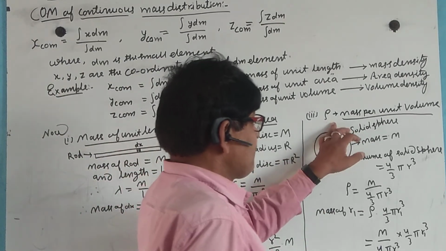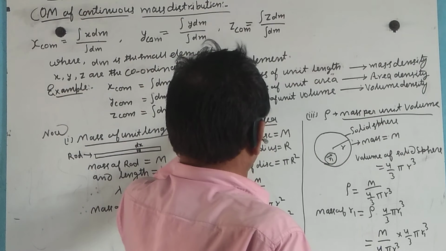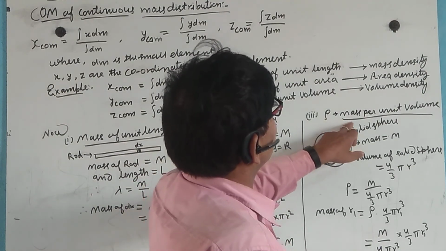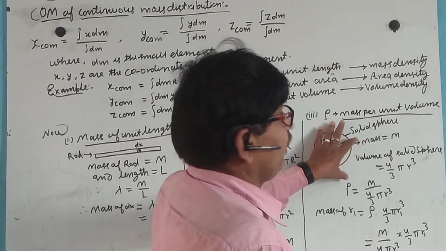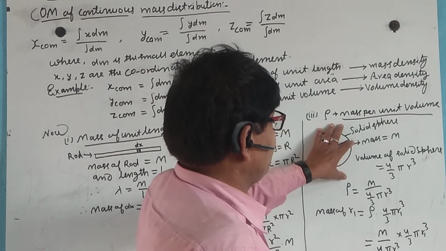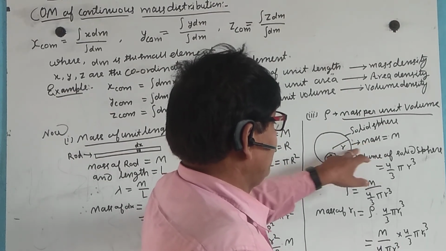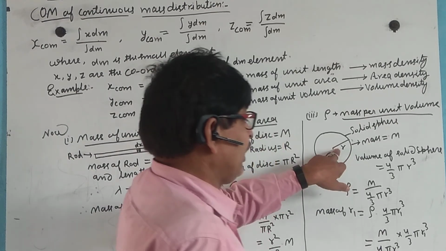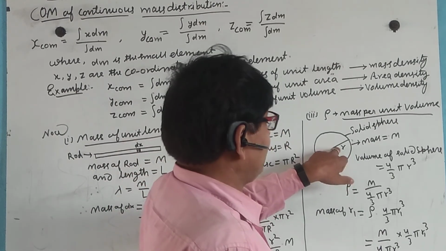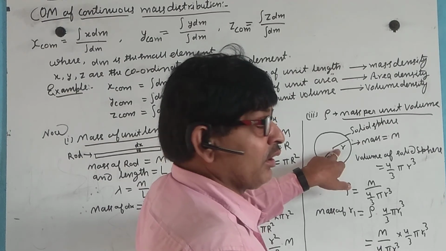Now lambda, sigma and eta: mass per unit volume. Let us suppose a solid sphere whose mass is m and radius is R, so the volume of this is 4 by 3 pi R cube.